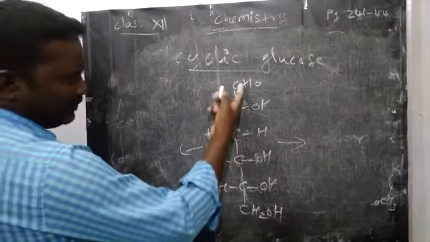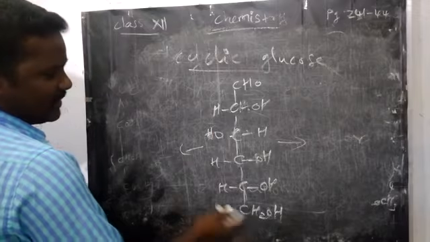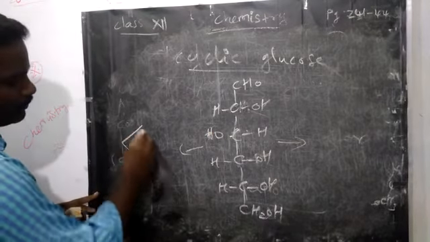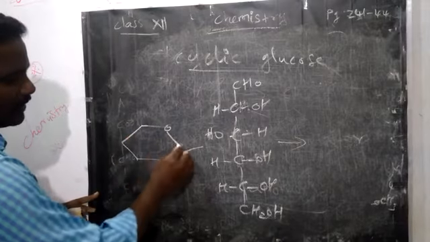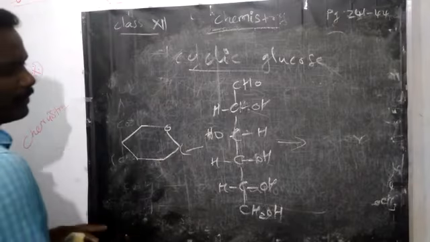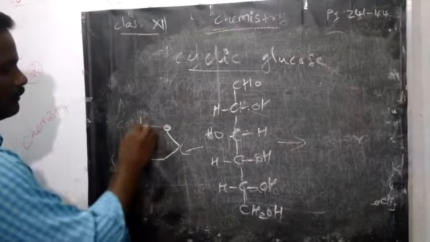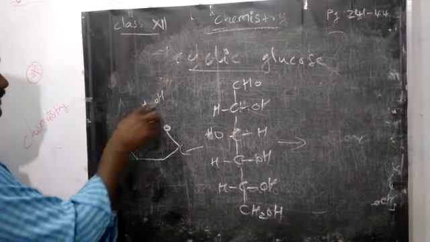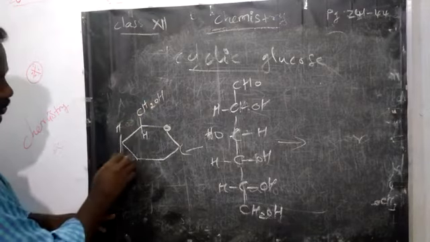How? See, from the same structure it may form a cyclic structure. There is oxygen. CH2OH, H, there is OH, so H, OH.